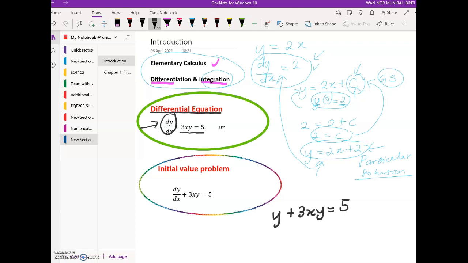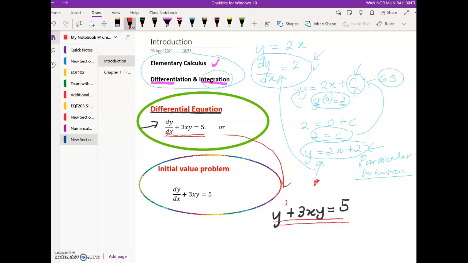We can say that dy/dx plus 3xy equals 5 can also be written as y prime plus 3xy equals 5. So this is also called a differential equation, where your equation consists of a derivative.